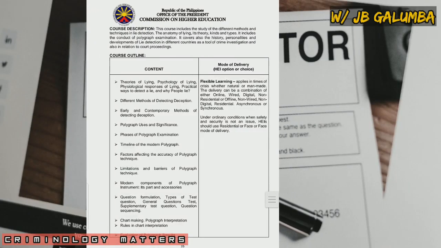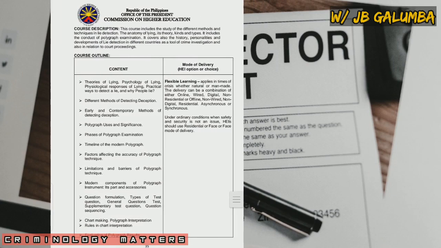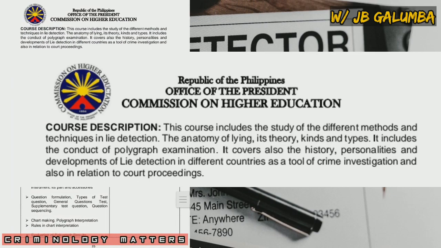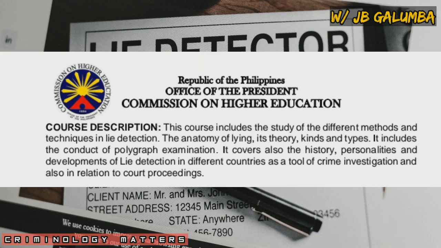So that is the goal for the lecture, to introduce to you the subject matter, because again, this is part of the new curriculum of the criminology profession. So if we're going to compare it to the old curriculum, the curriculum that we had when we were still studying, we had Criminalistics 6, or polygraphy.